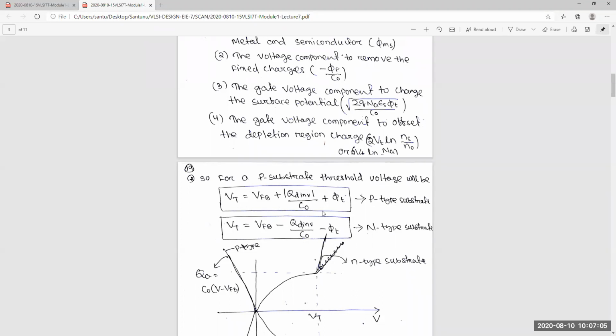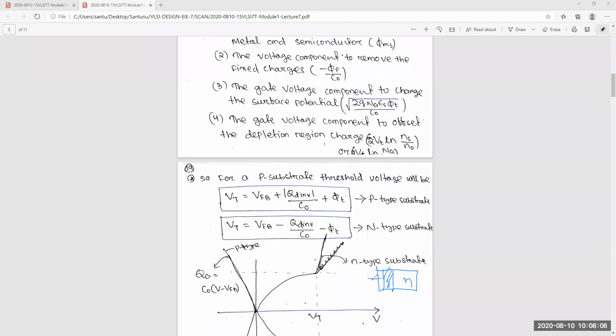This voltage is negative. Initially it was p-type, so now it is n-type.